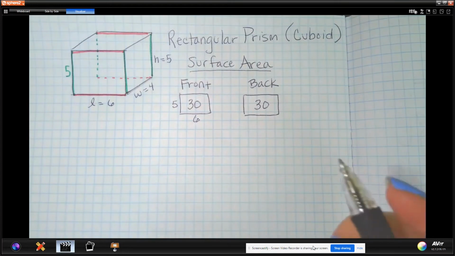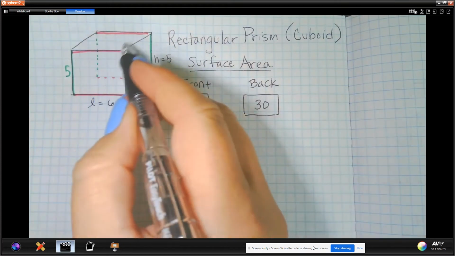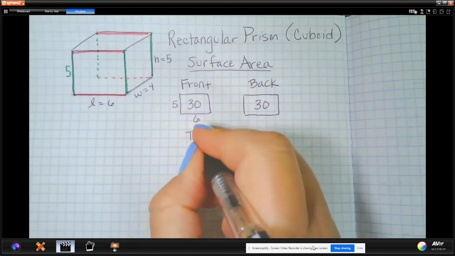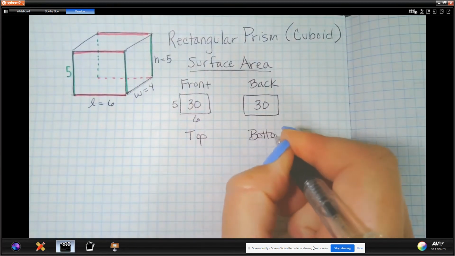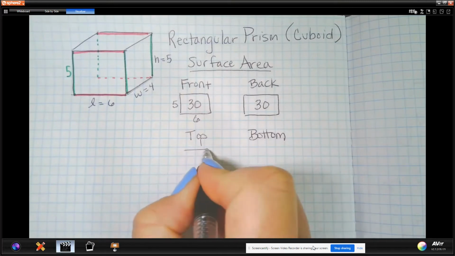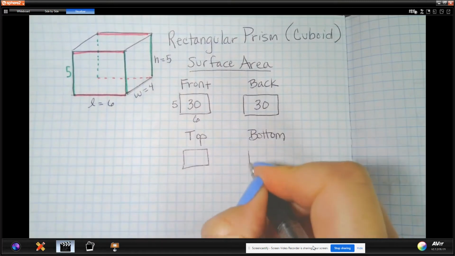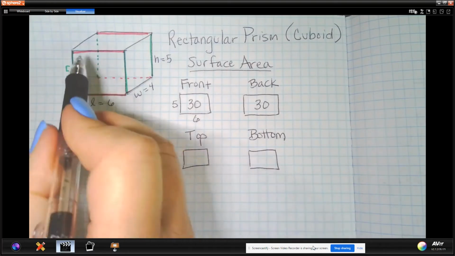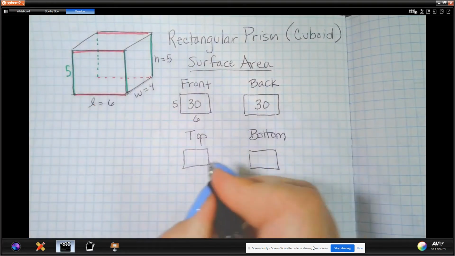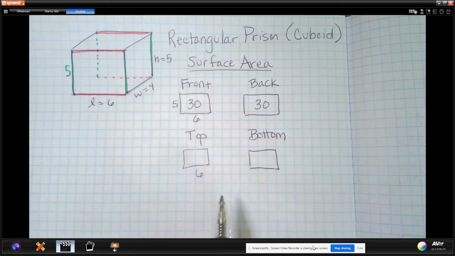Then I'm going to look at the top up here. I'm going to do the top, and the bottom is going to match. So I have the top and the bottom. And again, I want to think about those dimensions to get the area of that surface. I see that the top is length of 6. I already marked that earlier.